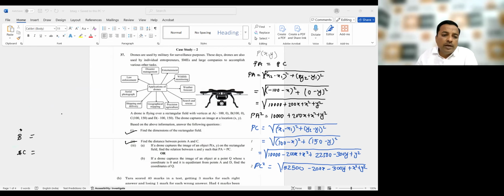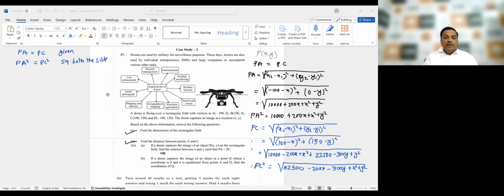So now we know that PA is equal to PC. This is given. Therefore, PA square is equal to PC square, squaring both the sides.